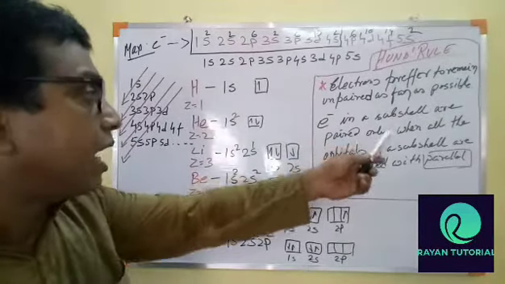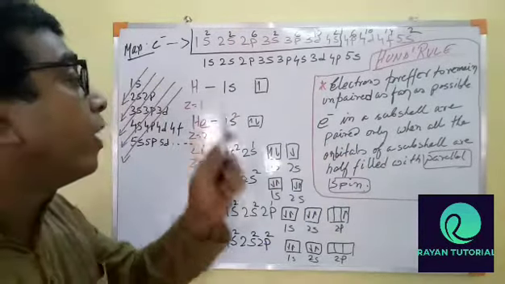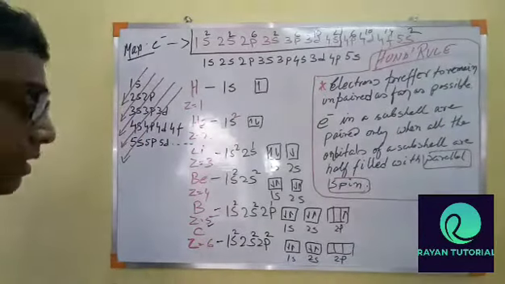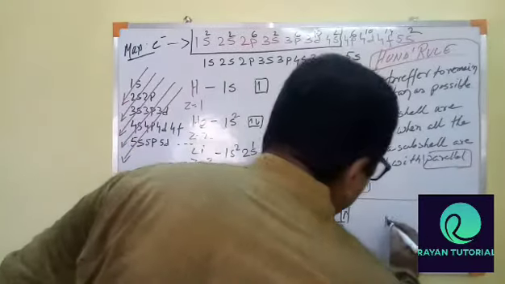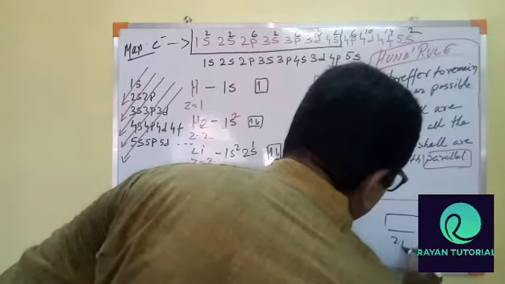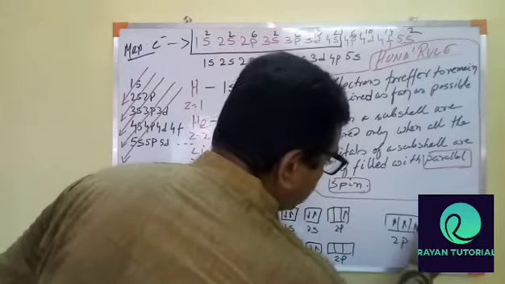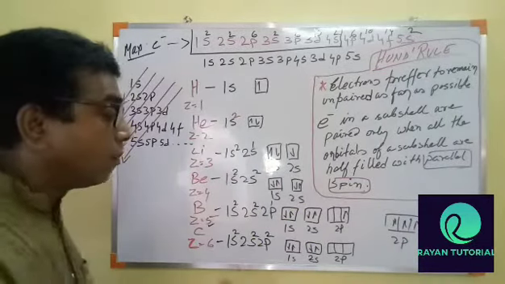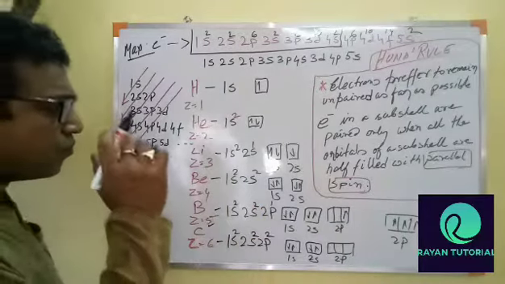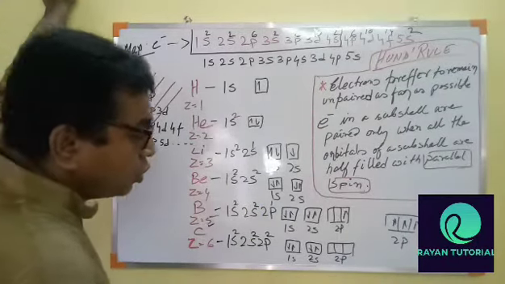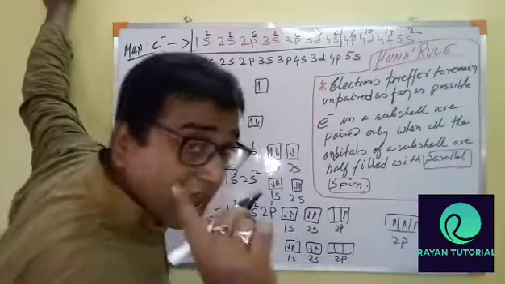Electrons in a subshell are paired only when all the orbitals of a subshell are half filled. That means suppose this is 2p, it will be 1, 2, 3. So this is half filled, because each orbital can have two electrons, right? So 1 means half filled.